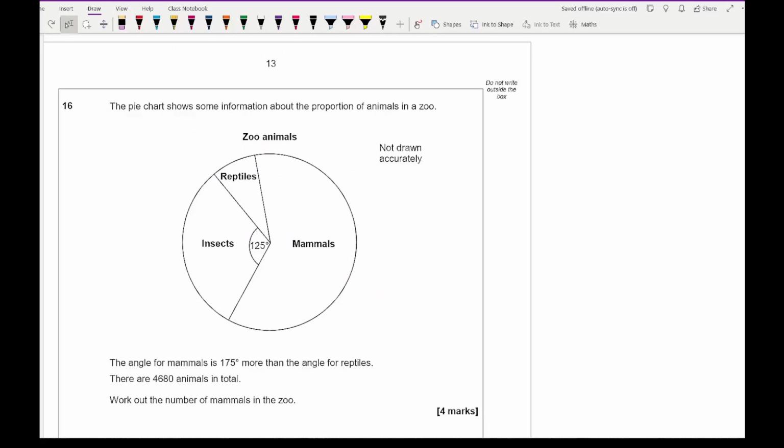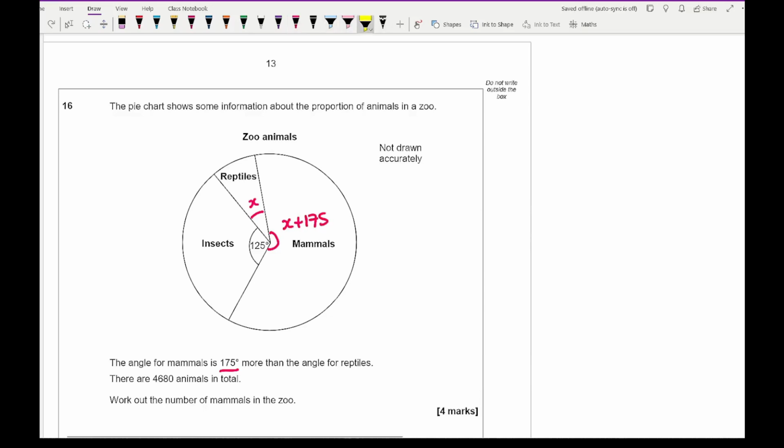So looking at question 16, it says the pie chart shows some information about the proportion of animals in a zoo. The angle for the mammals is 175 more than the angle for reptiles, and there are 4,680 animals in total. And the question is asking us to work out the number of mammals in the zoo. Now for this, we don't know what the angle for the reptiles is going to be, so we're going to call that x. But I do know that the angle for the mammals is going to be 175 degrees more, so this is going to be x plus 175.